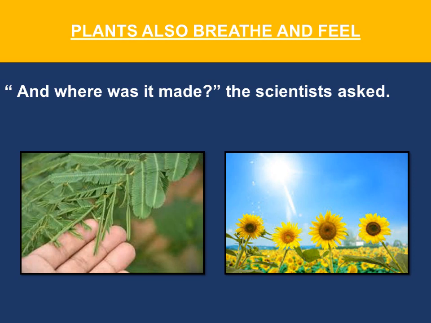In the second picture, we can see pretty sunflowers. Students, you must have seen this plant and these beautiful yellow colored flowers. The seeds obtained from this plant are also used for extracting oil. Its oil is used for cooking also. They follow the movement of the sun across the sky.